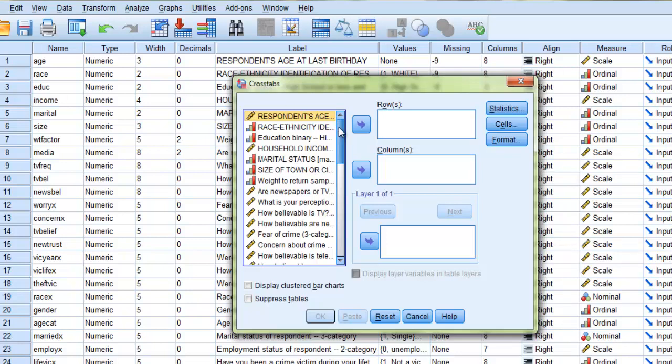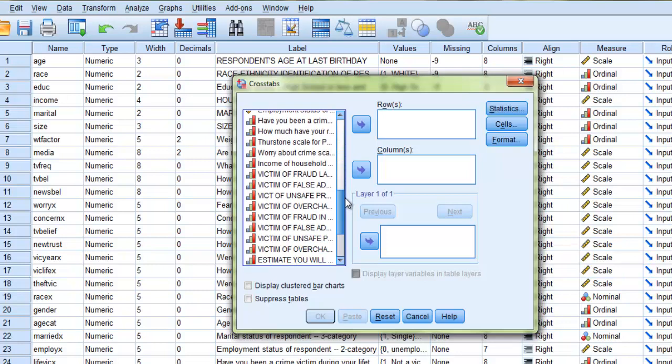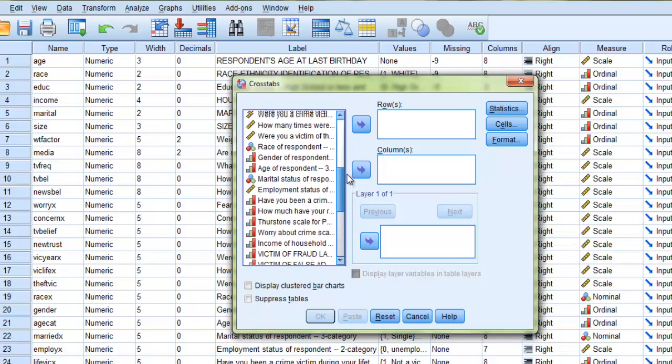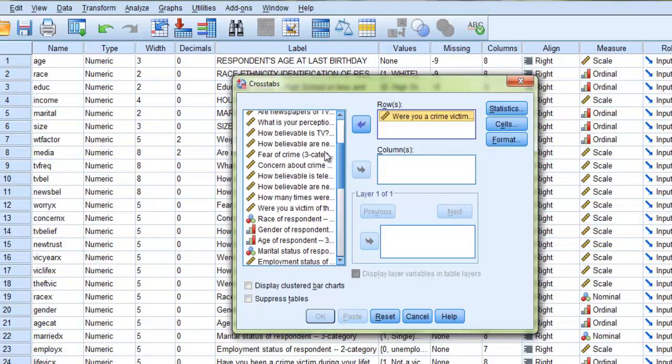So I'm going to choose, if I can find it, were you a victim of crime in the past year? That's going to be my row, and my column will be fear of crime 3 category, which is WorryX. So I move that to my column.